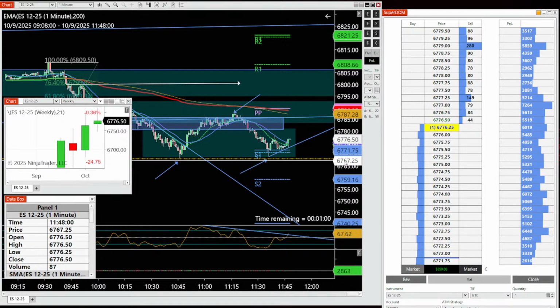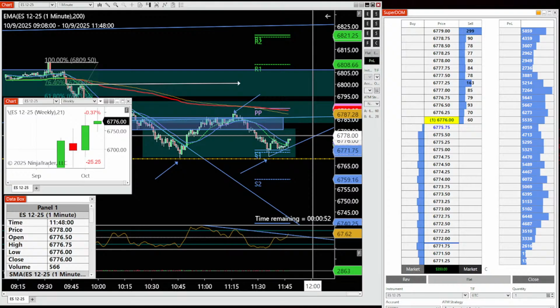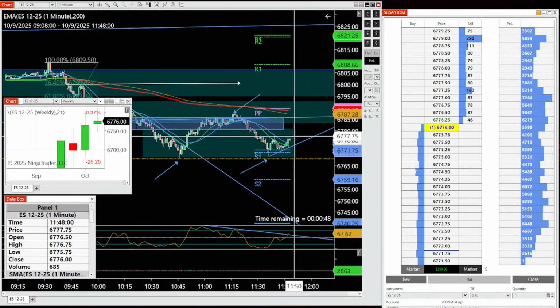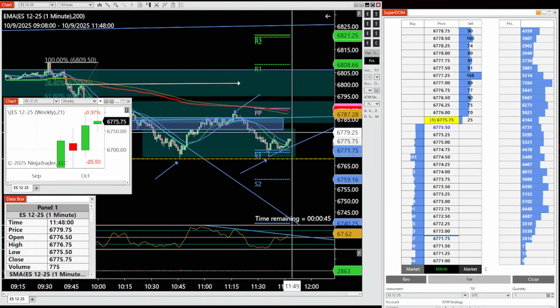And this long is not looking bad either. I know we have resistance at 82, before it was around 82.